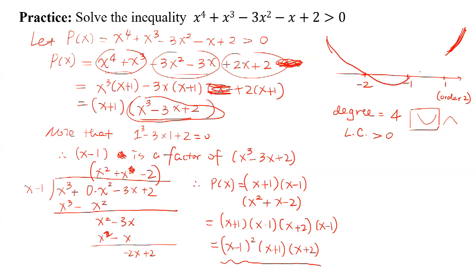And then when it arrives at the next zero, x being minus 1, which also has an order of 1, and 1 is an odd number, so it will cross this point, right? And the next zero is 1, because 1 has order 2. 2 is an even number, so this function will not change its sign there.